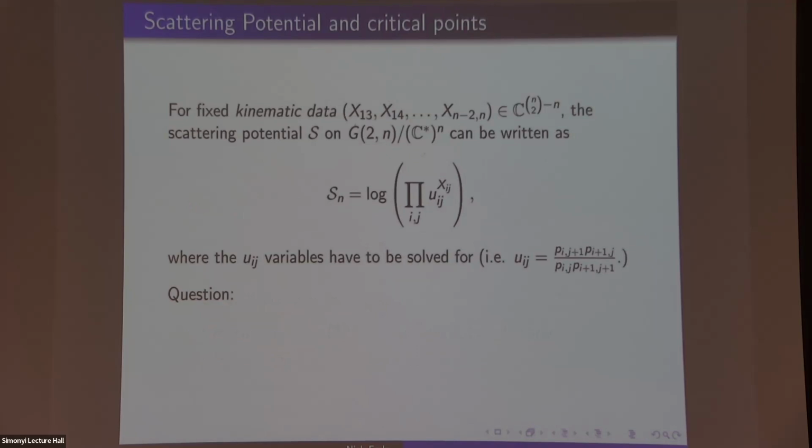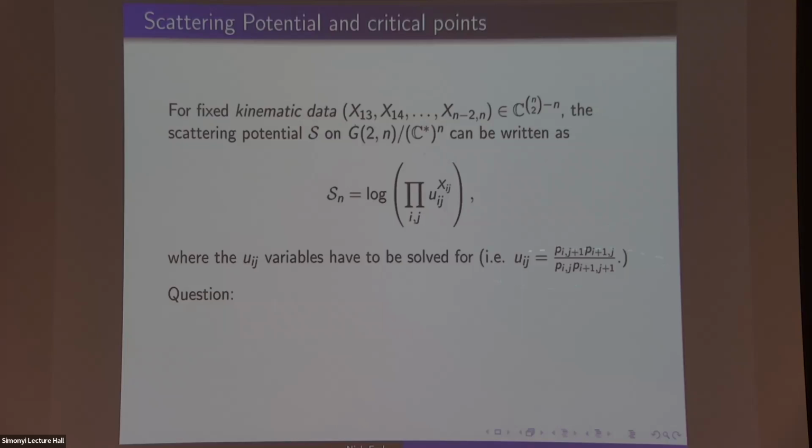If we remember, we wrote our scattering potential as the sum over all ij of the logarithm of the determinant Pij times the Mandelstam invariant Sij. You can rewrite this: first, bring the log out front, and then organize the xij's as the exponents.